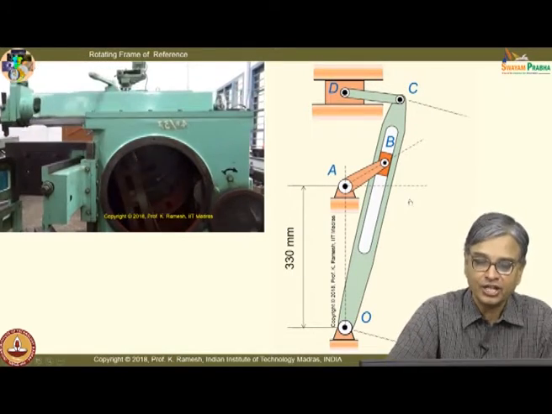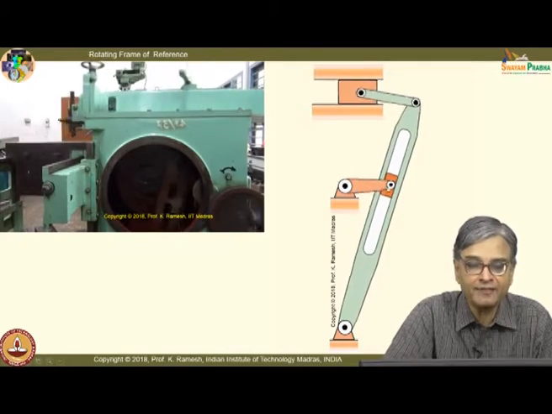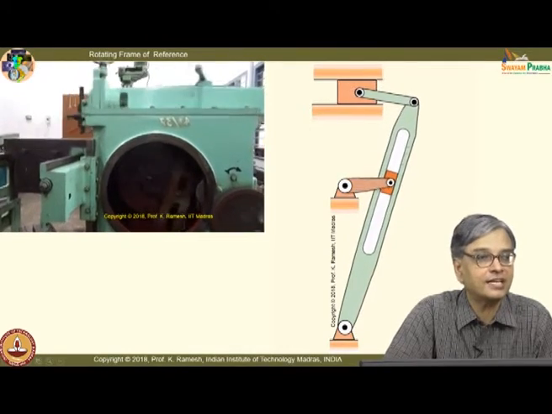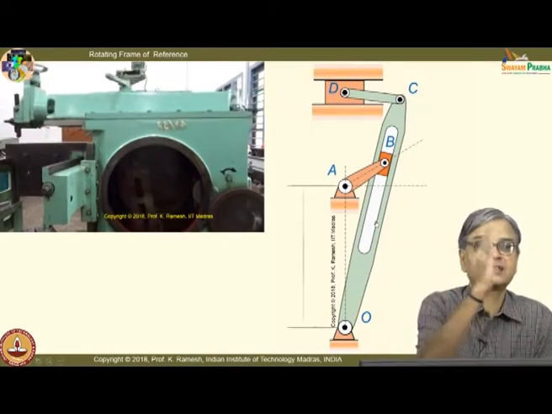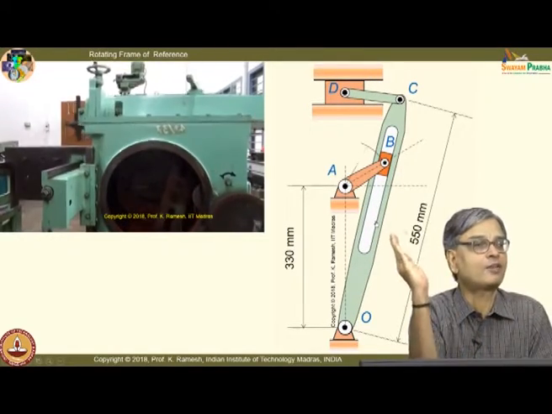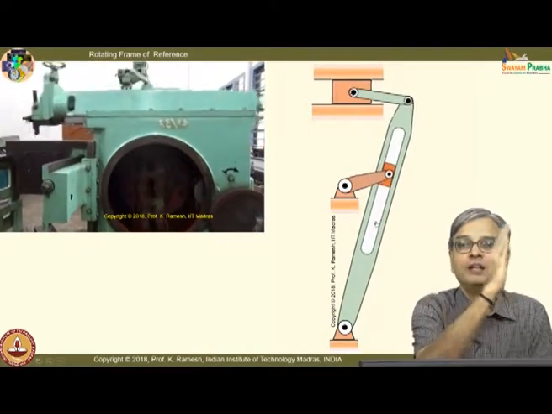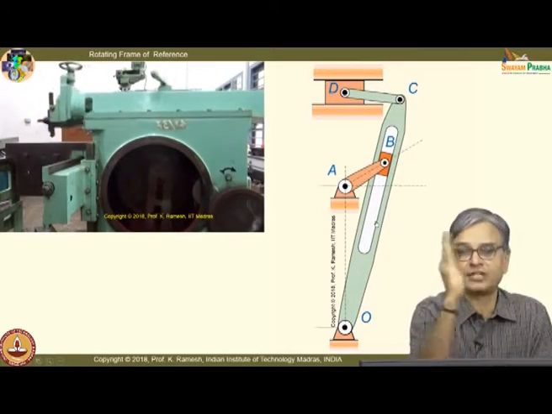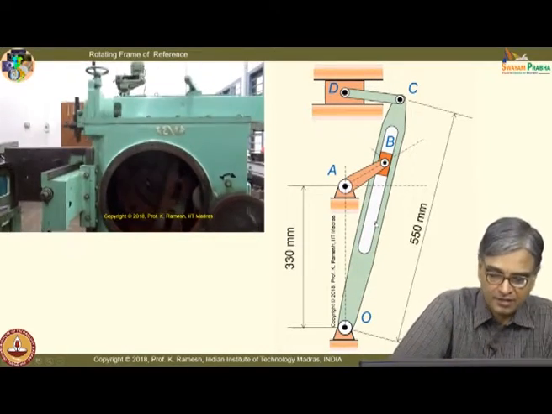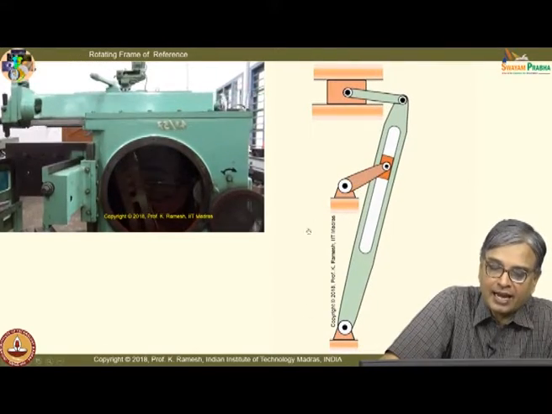In this case, this is simply sliding in this. So, I am going to have a linear velocity here, and this member is having an angular motion like this. That is the way your rotating frame of reference is oscillating actually. In this case it is, but anyway we are going to analyze it only for a particular crank position.